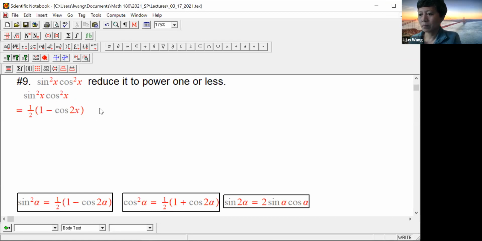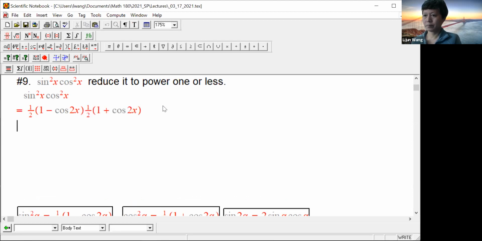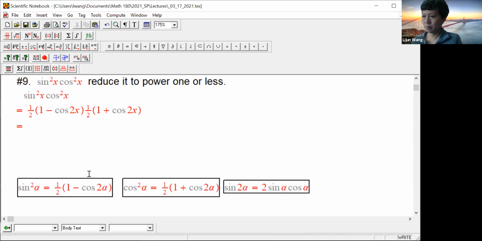And then I put that one next to it. Use this one? Yeah. And then what? And then you multiply them together. I already missed a step. And then what? Then what did you do?